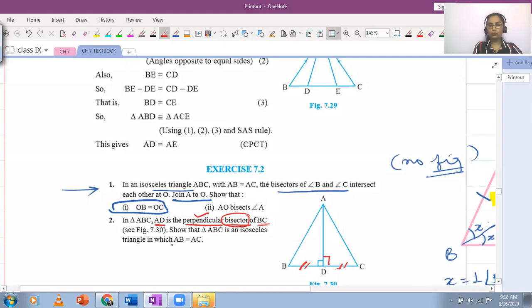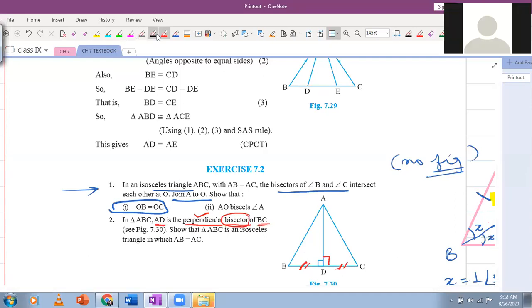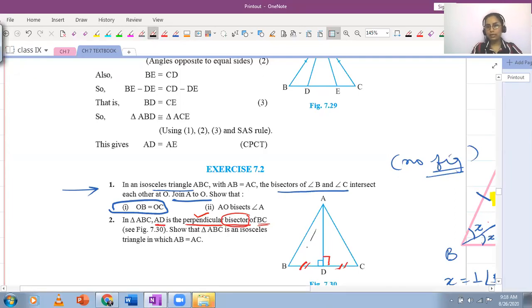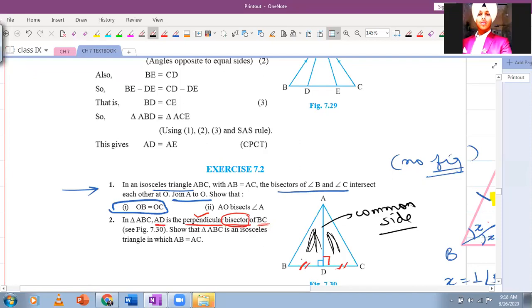You want to prove that triangle ABC is isosceles. So you want to prove that these two sides are equal. I think you have SAS. Yes, this one's easy because you have a common side in this. Take this triangle and take this triangle. This side here is common. There is one angle also. Angle B is equal to angle C. It's not given.